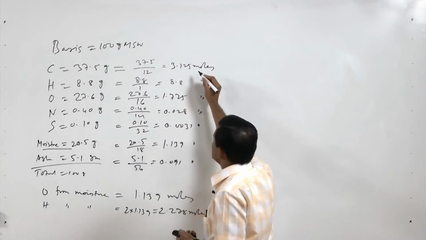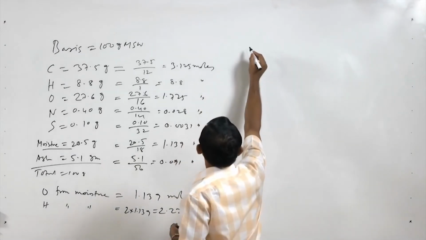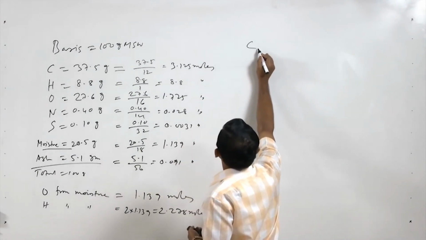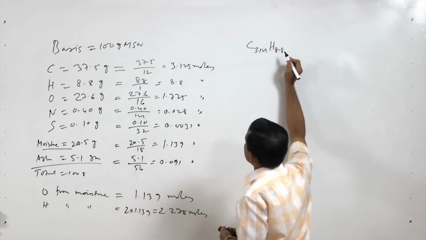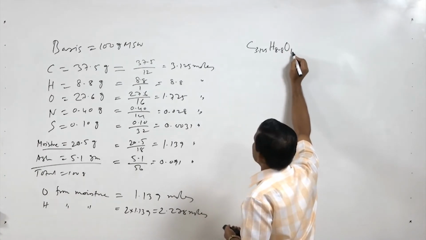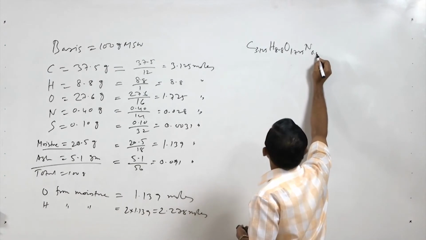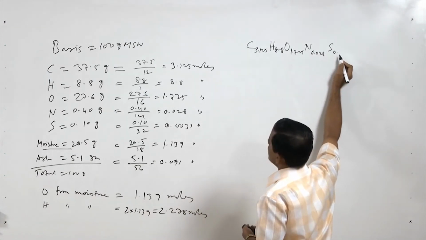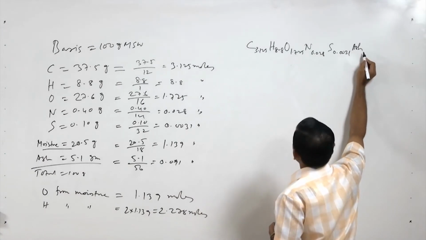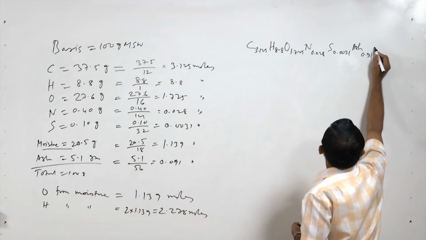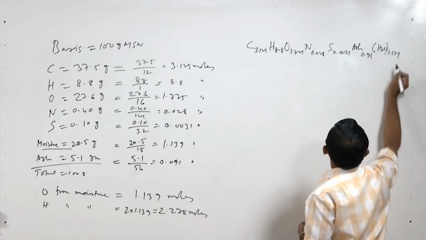So, if we want to represent the molecular formula of this material, we get C 3.125, H 8.8, O 1.725, N 0.028, S 0.0031, ash 0.091 and H2O 1.139.